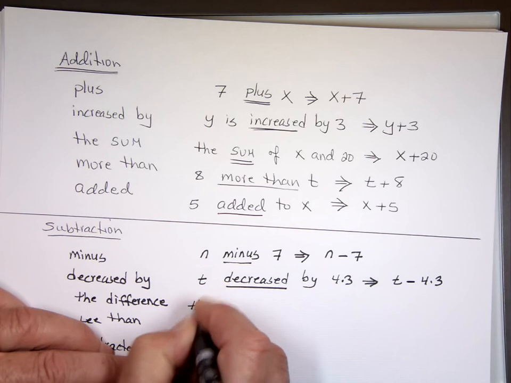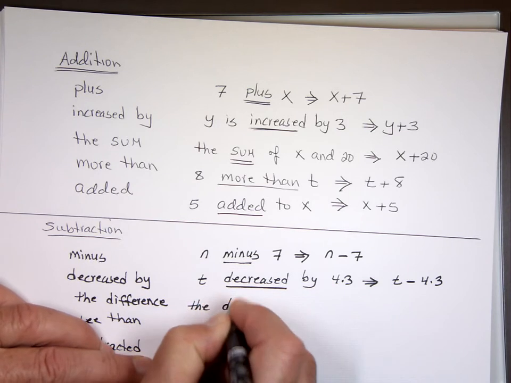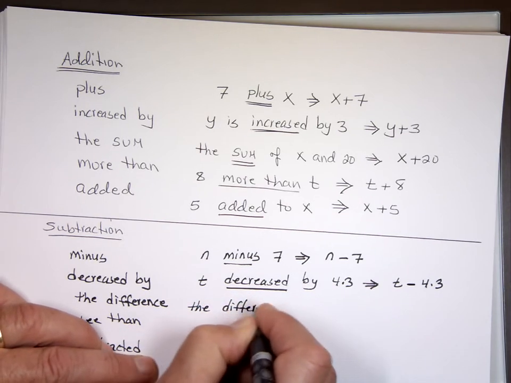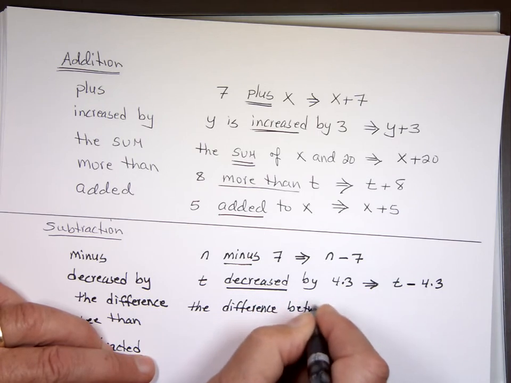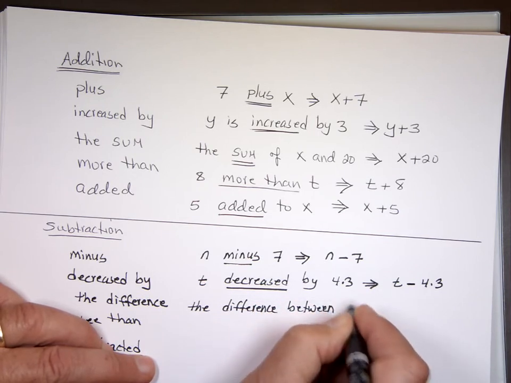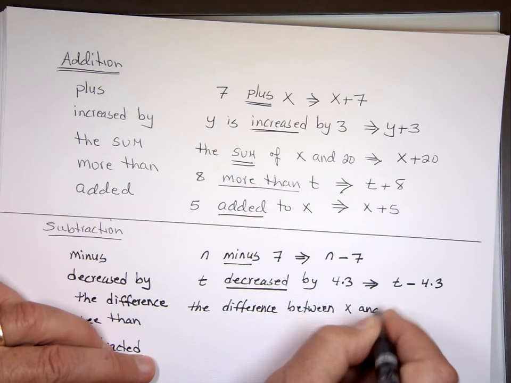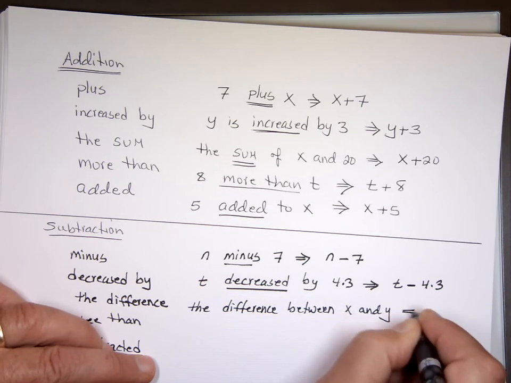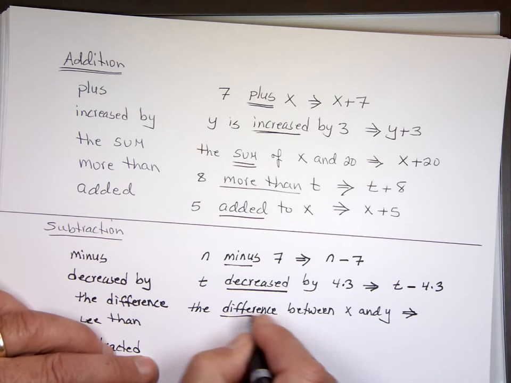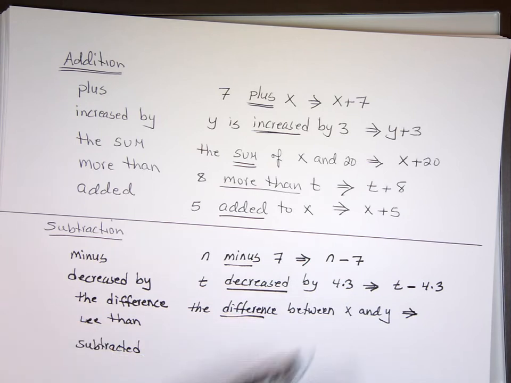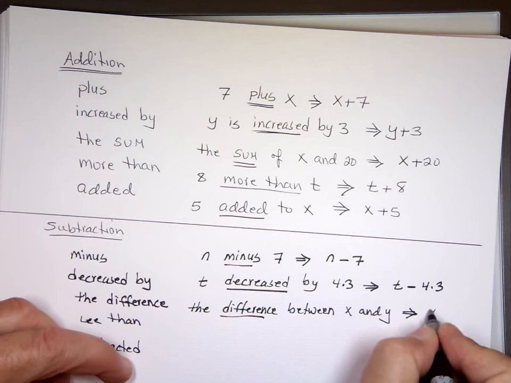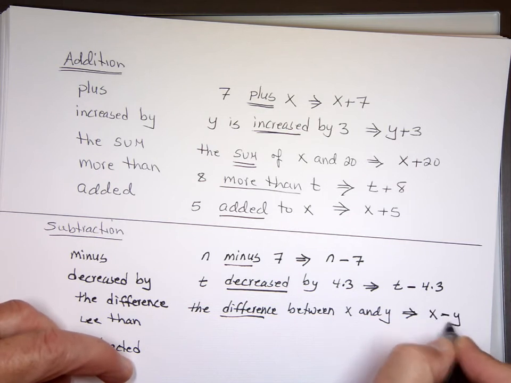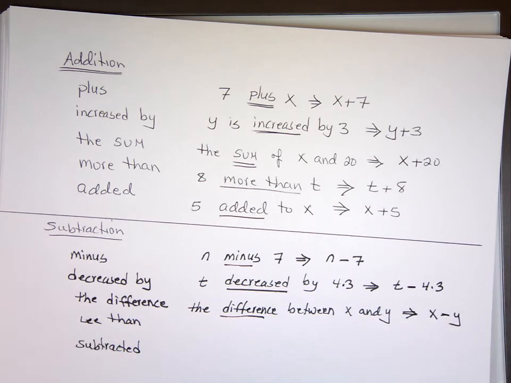The difference between x and y. Difference again means subtraction. And what you see first you're going to write first. I see x first, so that's x minus y, not y minus x. Because I see x first and y second, you've got to write them that way.